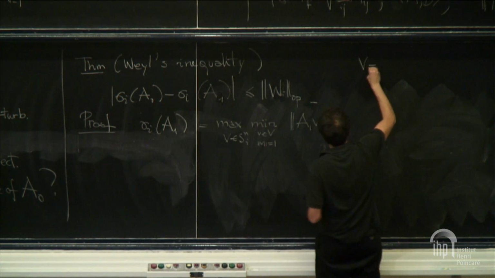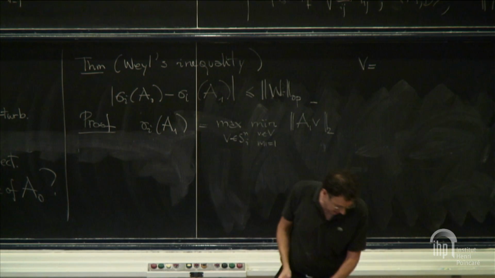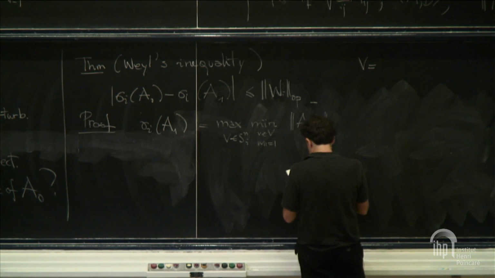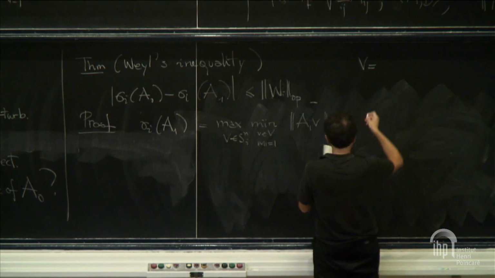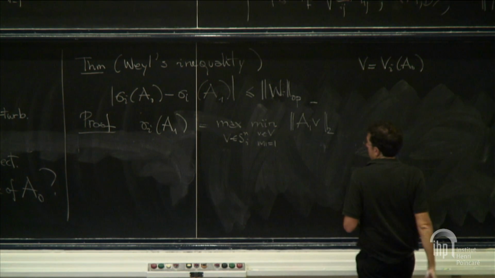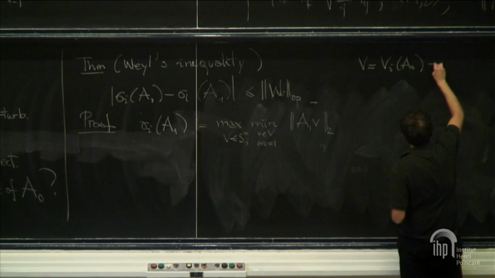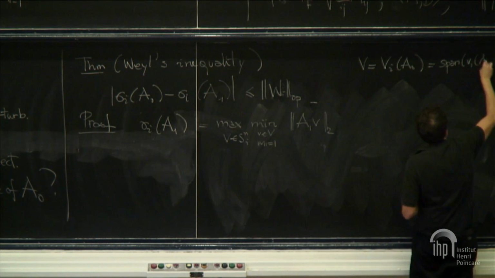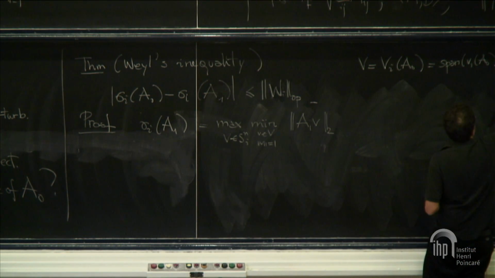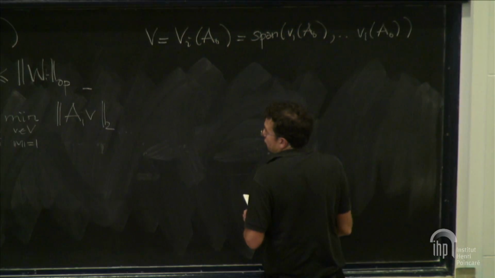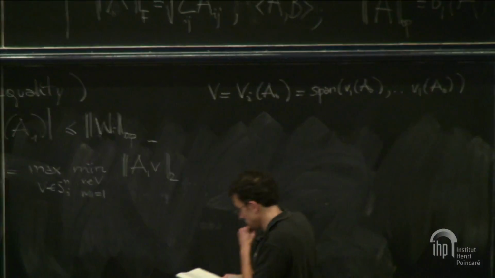So take V, let's give it a name: Vi of A0. This is the span of V1 of A0, up to Vi of A0. This is my notation for the top singular vectors.